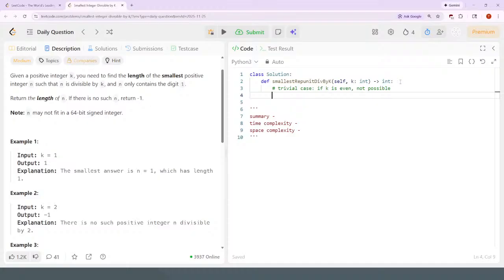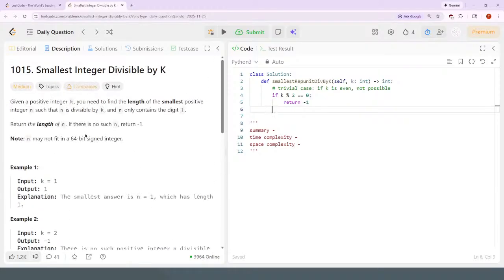I can't imagine it not being possible if it's odd. If k is even, then return -1. Okay, I think that's the only impossible case.